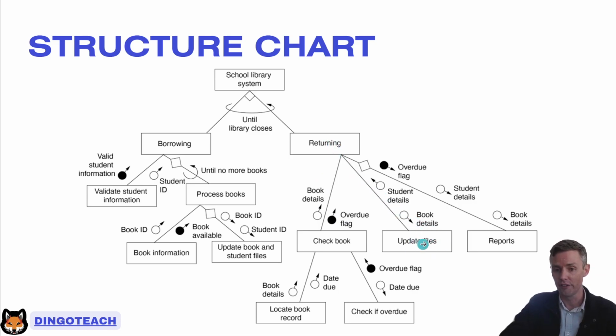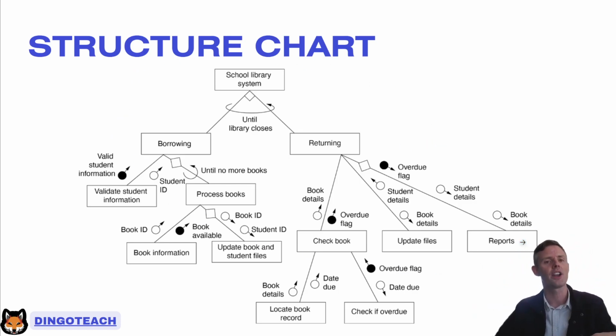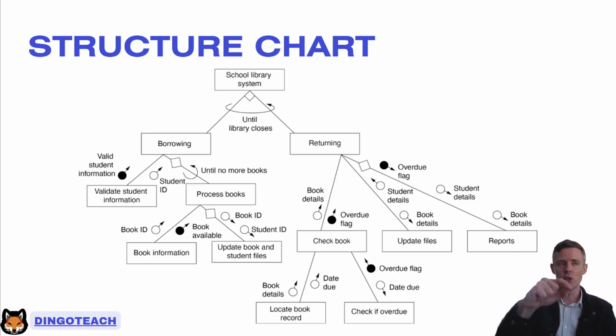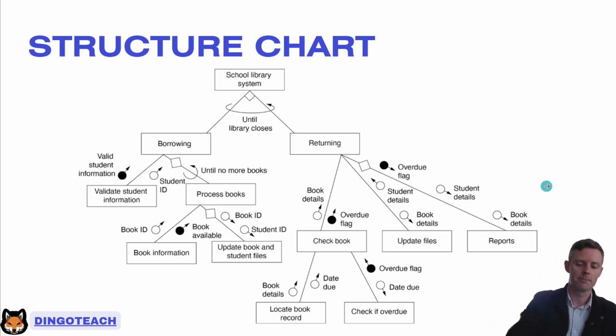We update the files for the book details. We send back the student details. And optionally, we produce a report with the overdue flag, the student details, and the book details. So it's a bit of a crazy assortment, but it shows you the flow of the data in our code now, and it shows you the order of operation for all those various things.